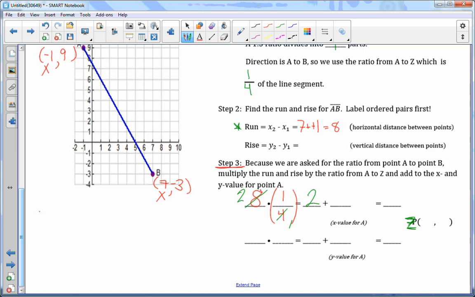So then tell me what we do with that 2. Add it to what? Which x? The beginning x. We started at x was -1. So we take our 2 and we add -1. We can add it in any order because of the commutative property. So we get 1. So we have the first coordinate. The first coordinate is 1, comma. We'll find the y secondly.